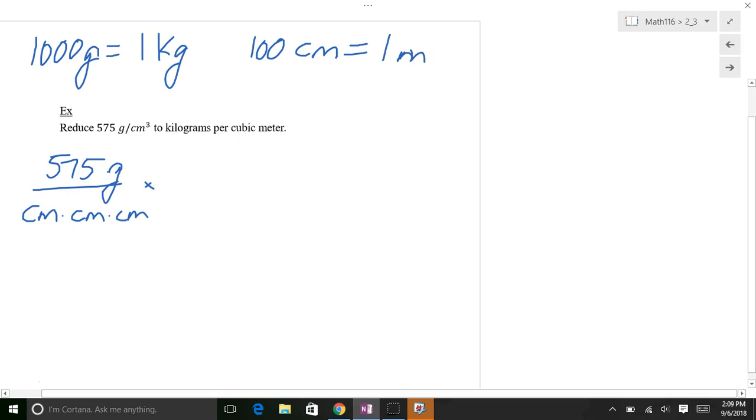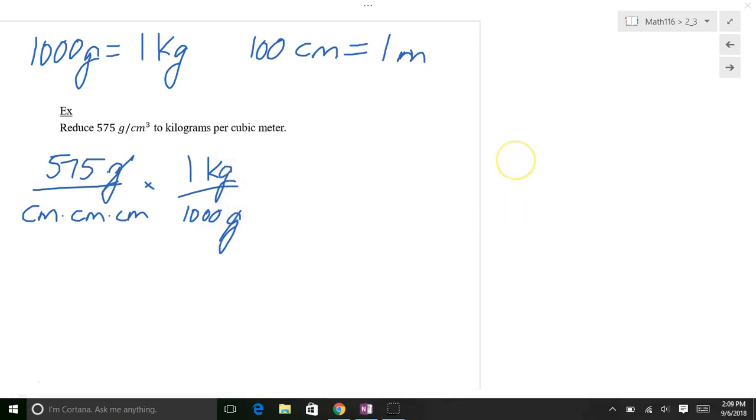So let's take care of our grams to kilograms. For every 1 kilogram, there's 1,000 grams. Now our grams are gone. Now we take care of the centimeters.